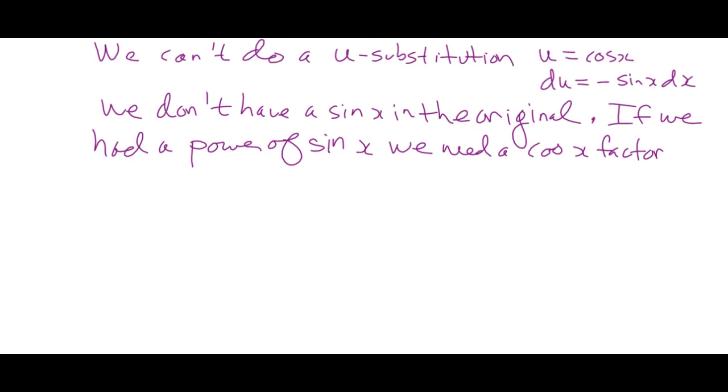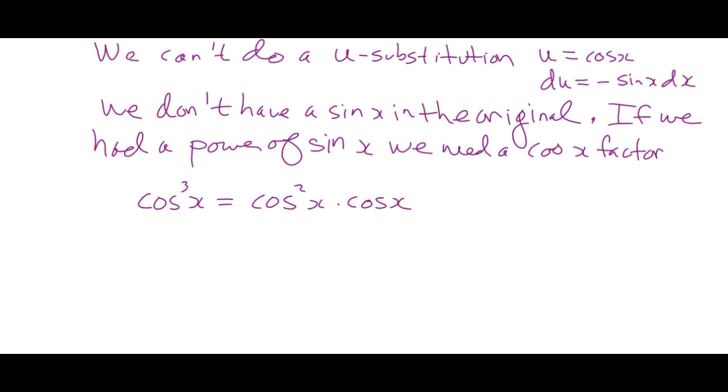So here's what we can do. What if we did this? We look at it, we say cos cubed x is equal to cos squared x times cos x, right? This is true. And what's cos squared x?